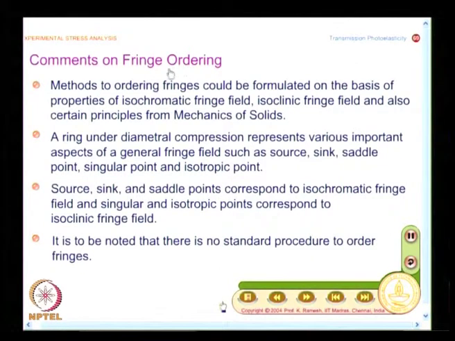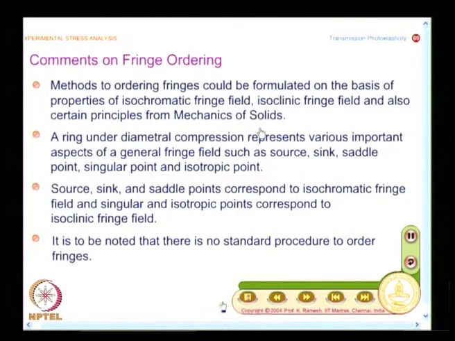In photoelasticity, you can get assistance in labeling the fringe ordering by looking at properties of the isochromatic fringe field, properties of the isoclinic fringe field, and also invoking certain principles from mechanics of solids.